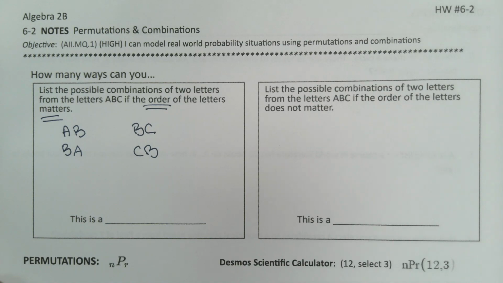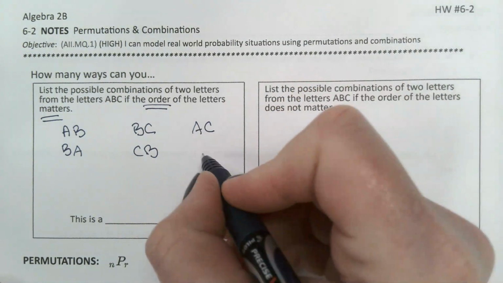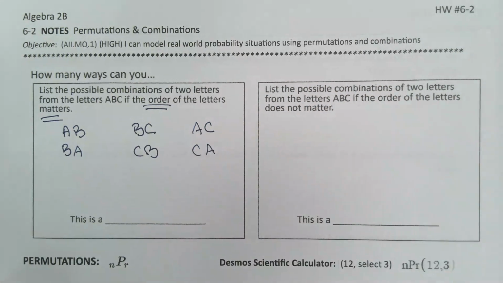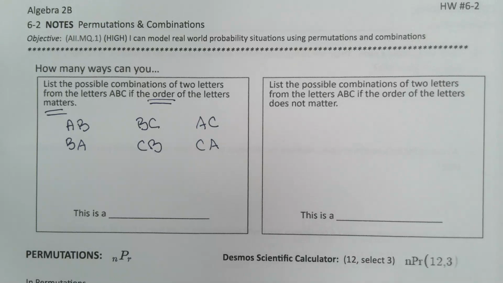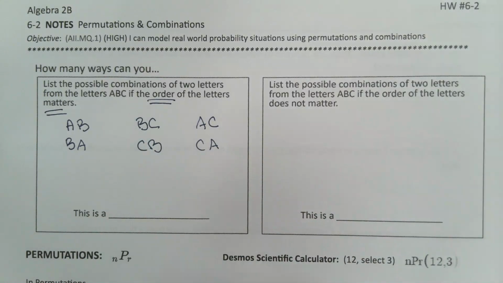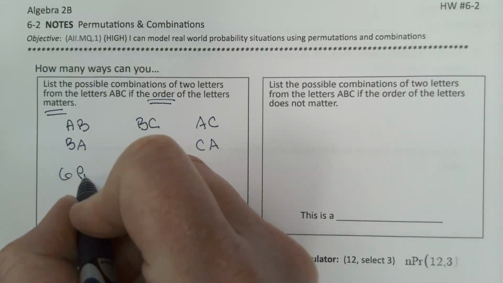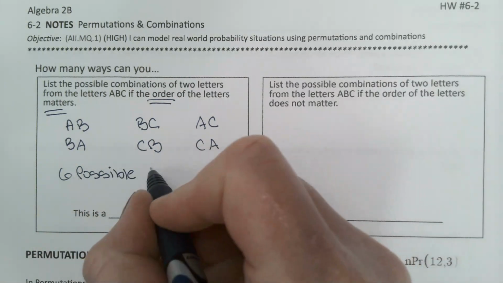And then the only one that I am missing would be AC and CA. So I don't see any other combinations that I am missing. So when the order matters, I can make 6 possible combinations.